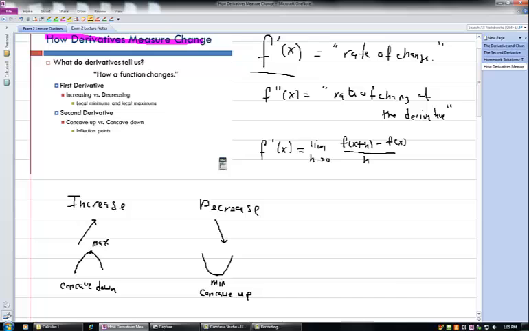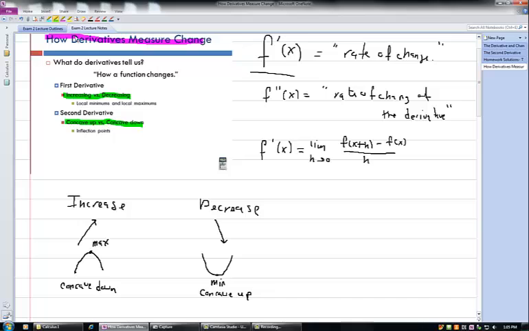All right, so what the derivative actually tells us about a function, it turns out that the first derivative, and let me highlight it up here, the first derivative actually tells us when a function's increasing or decreasing, whereas the second derivative will tell us about the concavity, whether the function is concave up and concave down. And it depends upon the sign of the function.